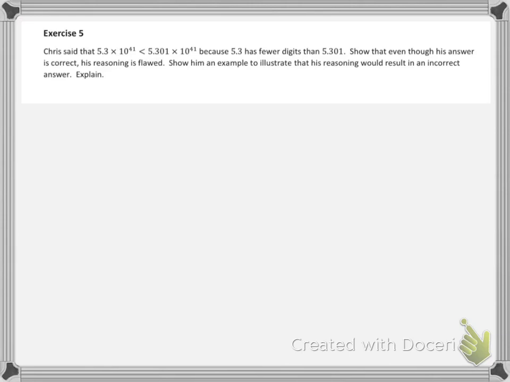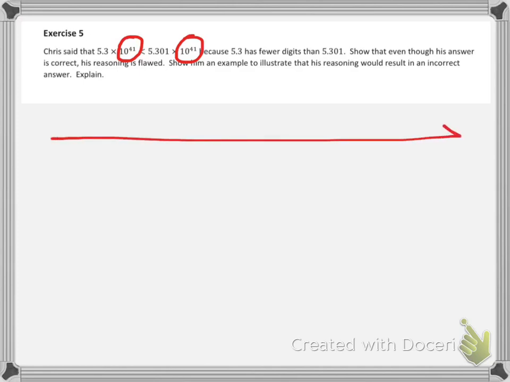because we can compare them, first of all, before we talk about that, because they're both 10 to the 41st power. So 5.3, if we think on a number line, if this is 5 and this is 6, 5.3, if I split it into 10 equal pieces, tenths, would look something like this. 5.3 would be here, so that is 5.3.